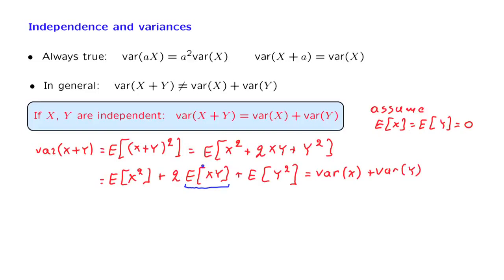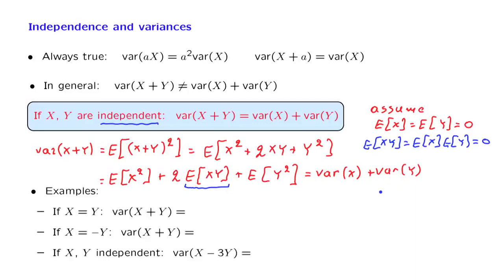So this term, because of independence, is going to be equal to zero. In particular, the expected value of xy equals the expected value of x times the expected value of y, which equals 0. And so we have verified that indeed the variance of the sum is equal to the sum of the variances.